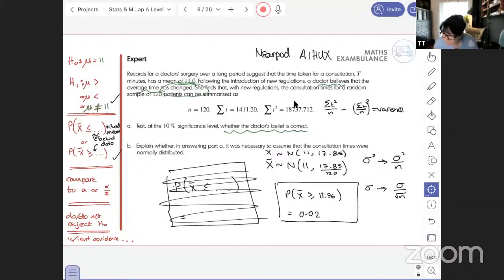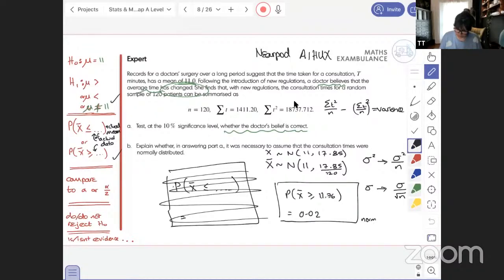Okay. How do you get more than? You do 1 minus the answer. So you'd get your calculator and you'd tell your calculator that you want to do normal CD. And you tell it that the mean is 11 and that the standard deviation is 17.85, all divided by 120 square rooted.